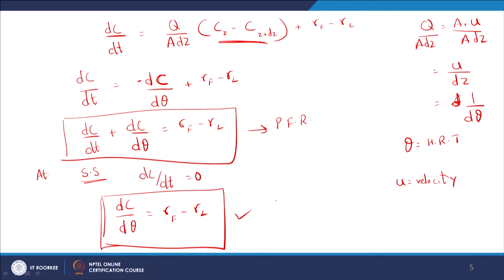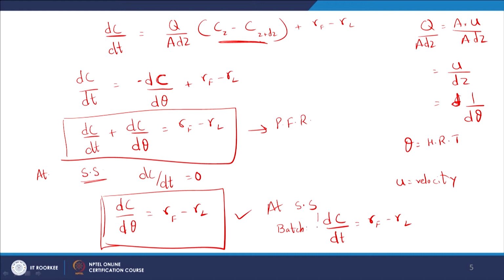Again, this is the take home message, obviously at steady state, right. So, if you can look at the similarities with respect to what we derived for the batch reactor. So, this was for a plug flow reactor. For batch, what was it now? It was dc by dt is equal to rate of formation minus rate of loss.